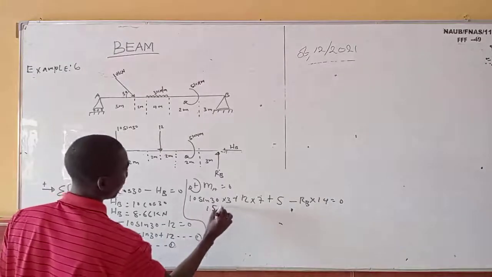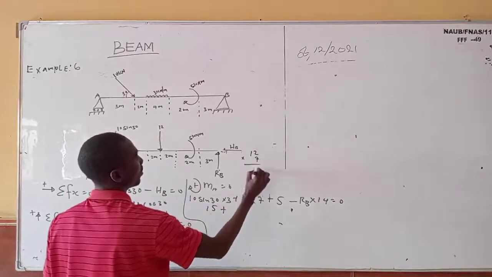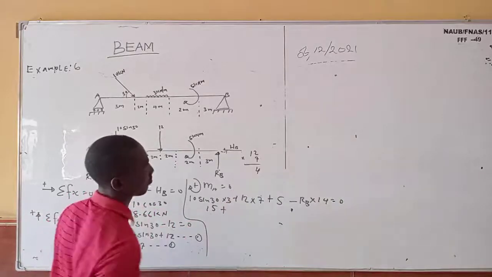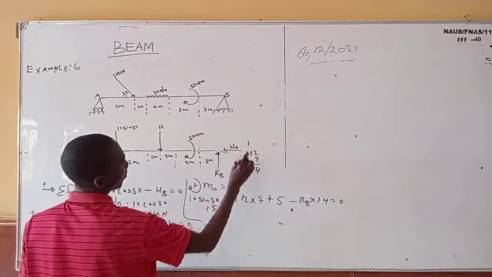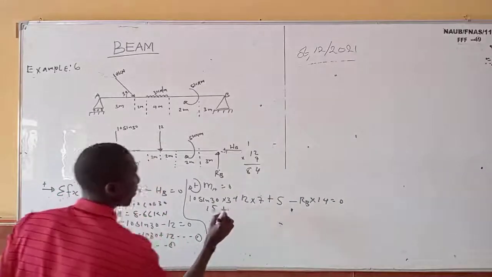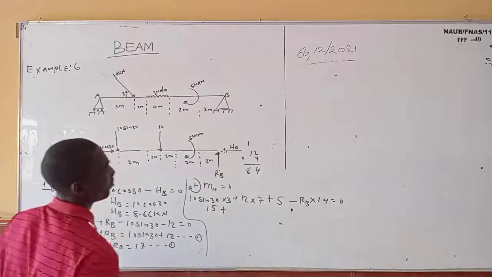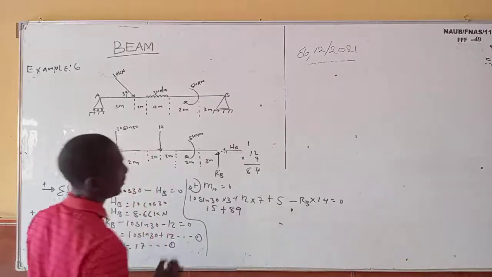So 15 plus 12 times 7. 12 times 7 is 84. Then 84 plus 5, that is 89.